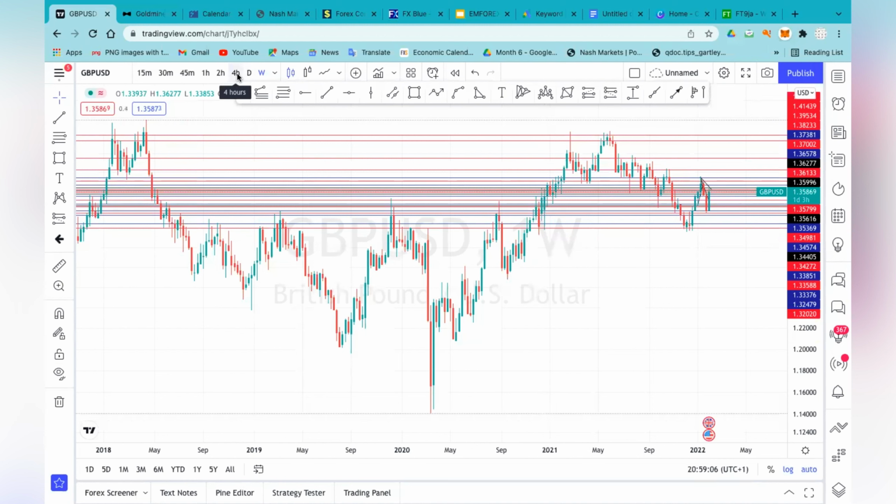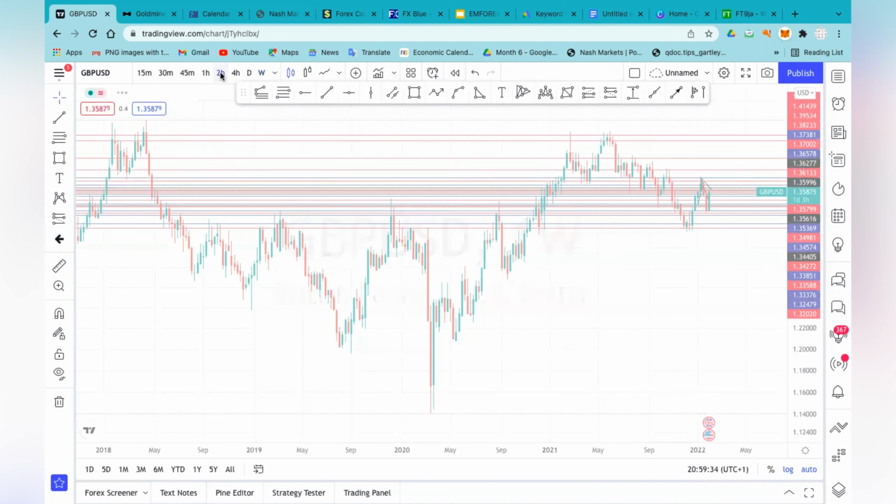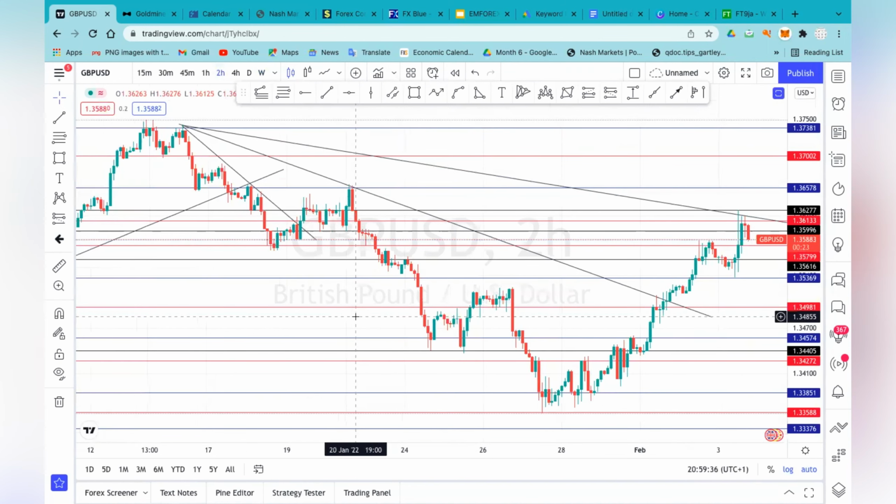So the higher the time frame, the more critical the move. Whenever the market comes to a higher time frame support and resistance zone, we are expecting a massive move. But the lower the time frame, the market can easily walk through those zones. It could just be a stopping point just to breathe in and breathe out. So that's it for support and resistance.